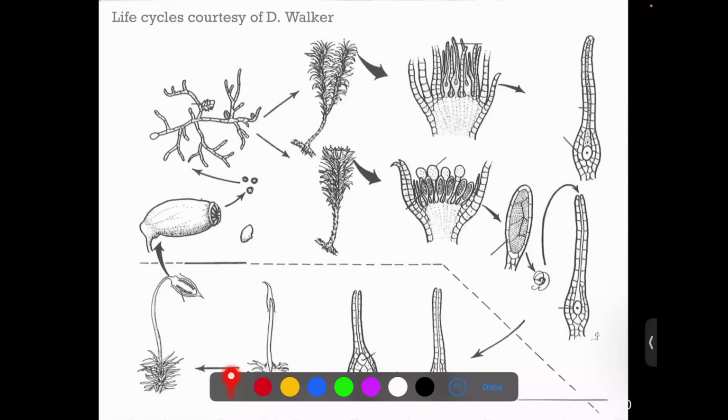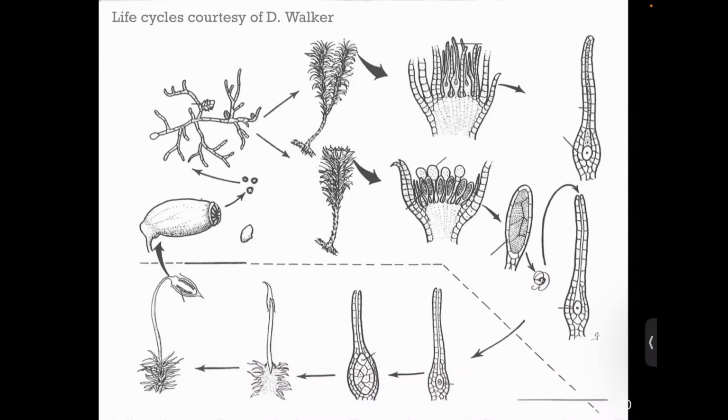And the sperm are then attracted to the egg, and the miracle of life happens. So this sperm here combines with this egg here, and we end up with the first cell that has a genetic contribution from both the male dad and the female mom. And that first cell, called a zygote, divides and divides and grows up to be a sporophyte.